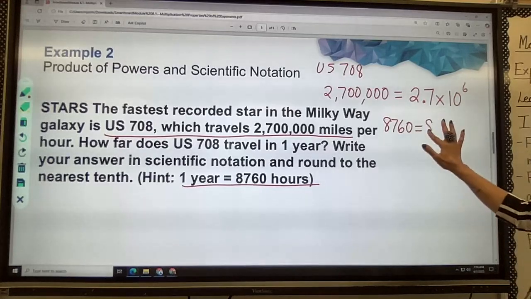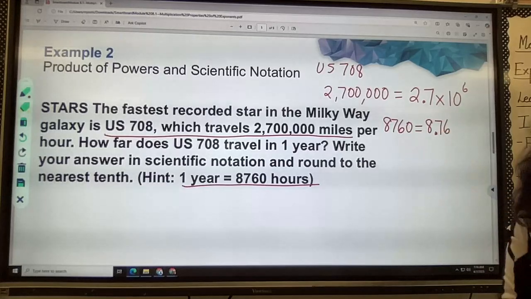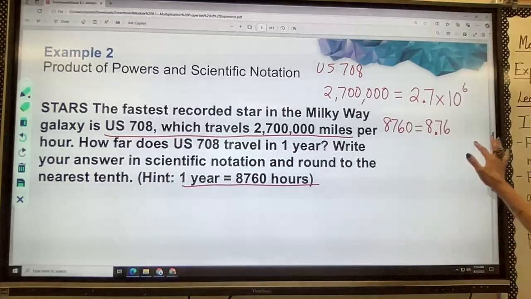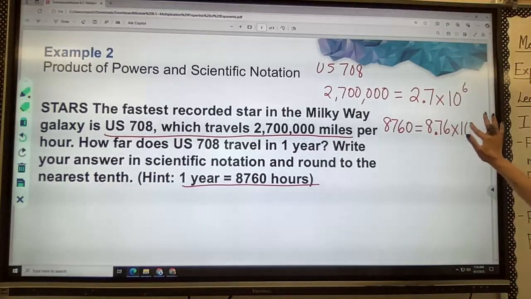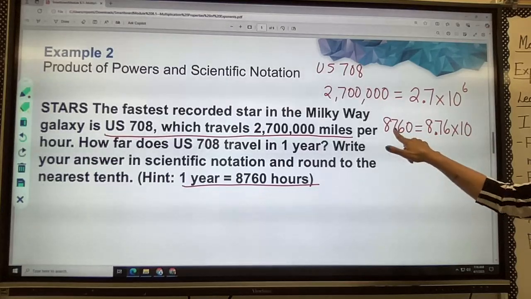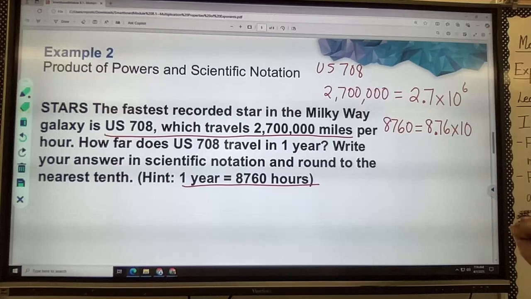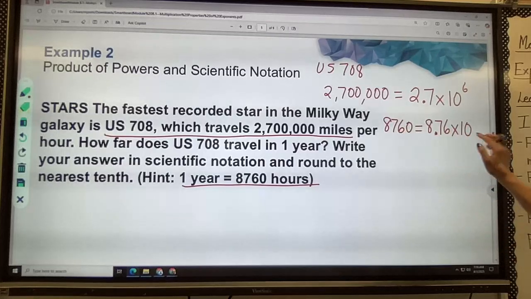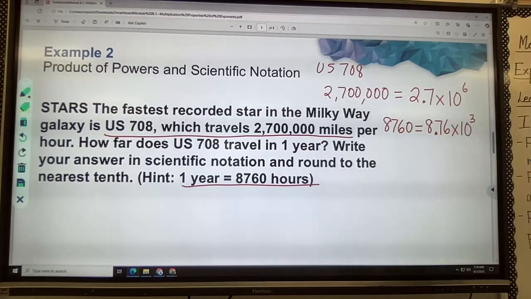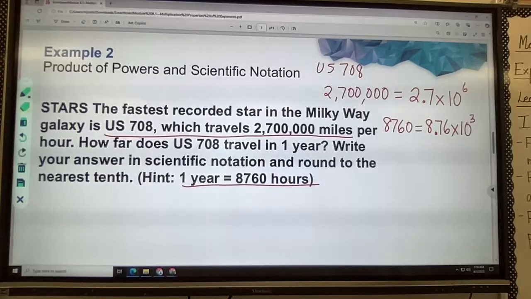So this is going to be 8.76, that's how I'm going to write it, times 10 to, since I put the decimal here, how many digits are behind the decimal? Because always the decimal goes behind the first number. So we have 1, 2, 3. So times 10 cubed. So those are my two numbers which have been written out in scientific notation.